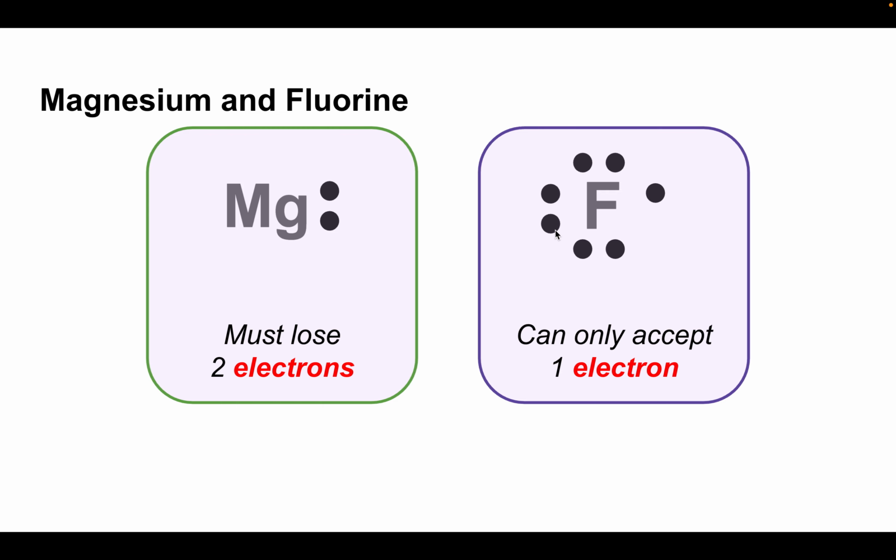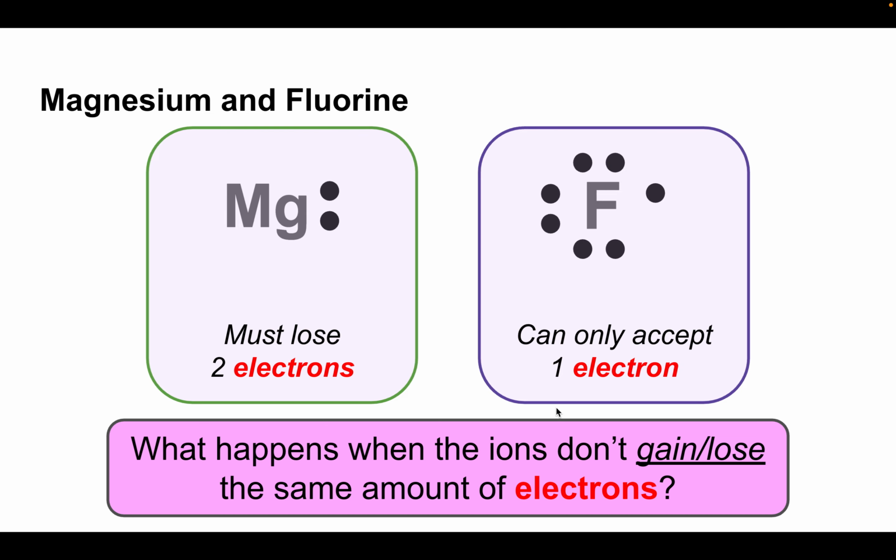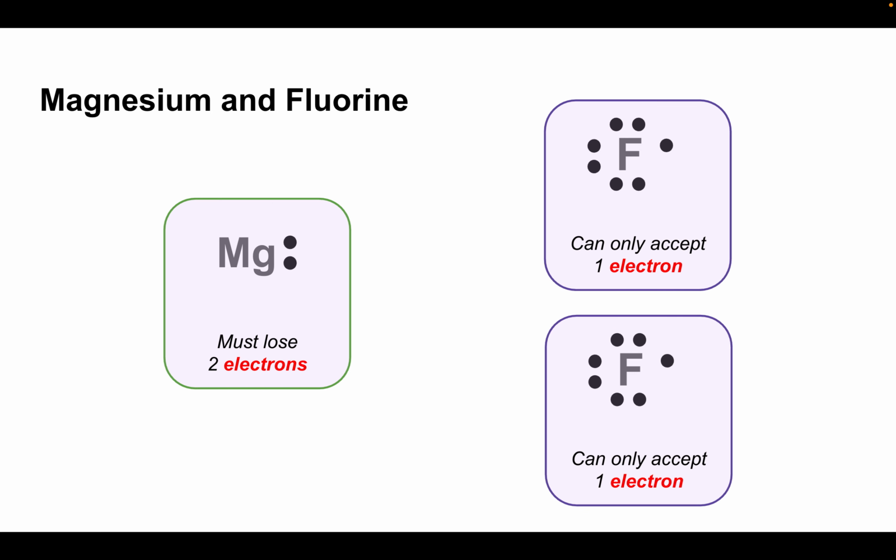Fluorine has 7 valence electrons because it is in the 7th column of the periodic table, and it can only accept 1 electron. So what happens when the ions don't gain or lose the exact same amount of electrons? Well, you're going to need multiple copies of fluorine so that magnesium can give 1 of its electrons to this fluorine, and the other electron will go to this fluorine.